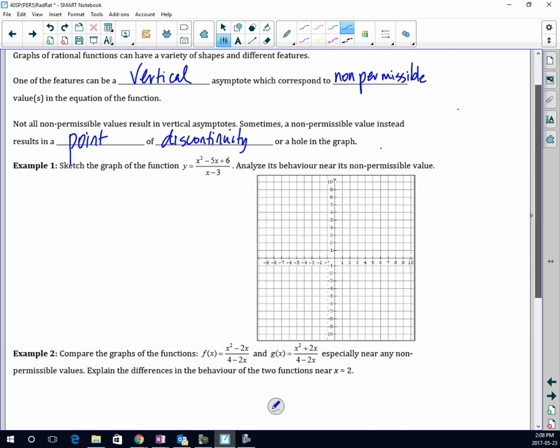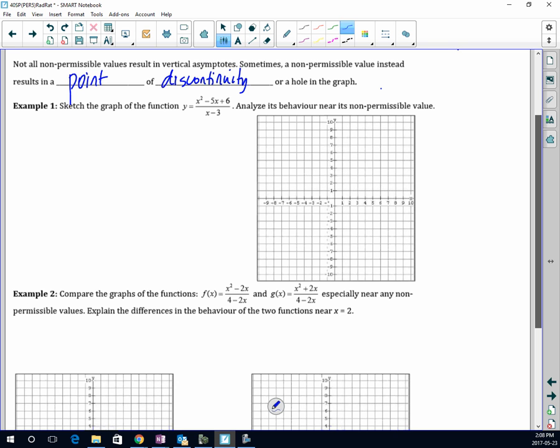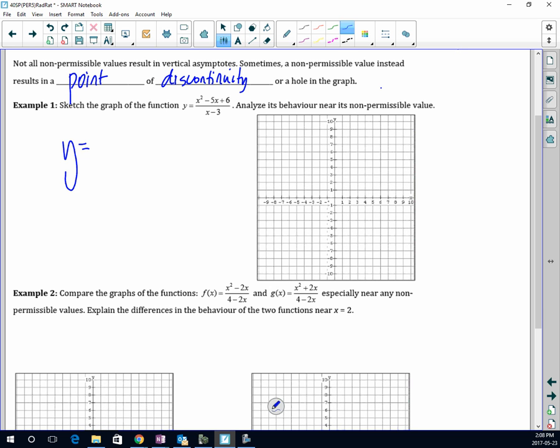Okay, so we have something that looks like this: y equals (x squared minus 5x plus 6) divided by (x minus 3). It looks very complicated, but if we actually divide this, you'll see that it's a very easy function to graph. Before I do long division, I should always attempt to factor first, and this is nicely factorable.